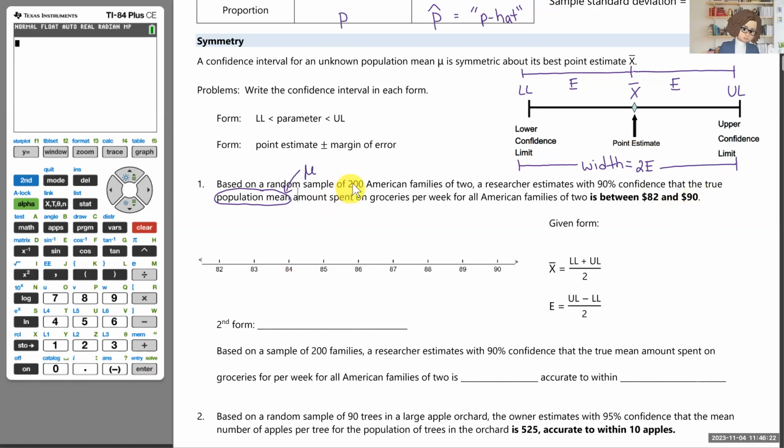So based on the 200 families they surveyed, they believe that for all American families the value is between those two numbers. Because they said between, the form they're giving us is our lower limit, 82, less than the parameter we're estimating, which is mu, less than the upper limit of 90.